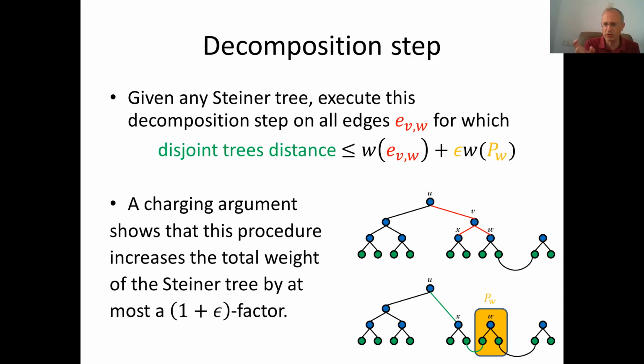So we picked up a little bit of cost, and we're going to assign that cost to the proper Steiner tree of W. Okay, so we can keep on doing this. If we do this in a smart way, we can just keep on doing this until we've removed all edges that we needed, and the charging argument shows that this increases the total weight of the Steiner tree by very, very little.